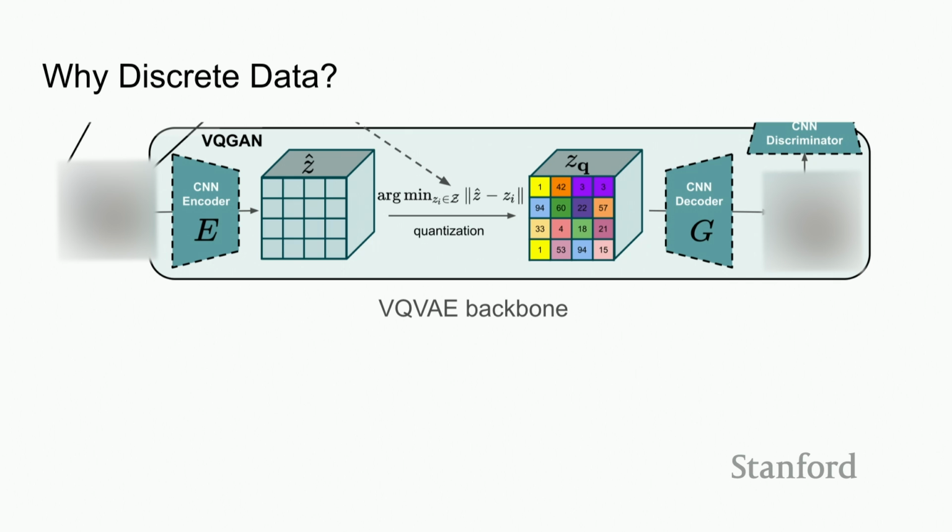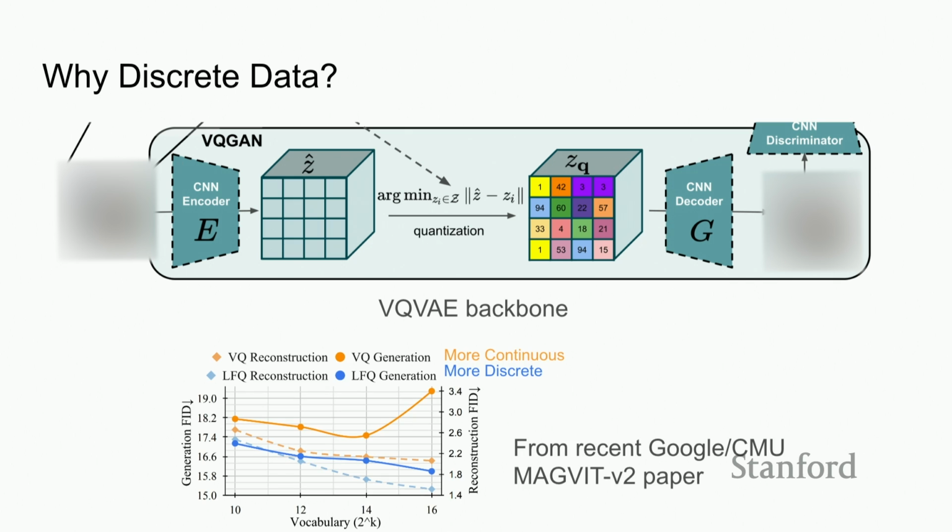More recent work, and this is extremely recent, in the last couple of months out of Google and CMU, has shown that if you throw away any continuous notion of your discrete latent space, and you only have the discrete component, this actually leads to a broader improvement in results. And results like these tend to show that maybe in the future it's possible to reconcile images into this broadly discrete paradigm as well.